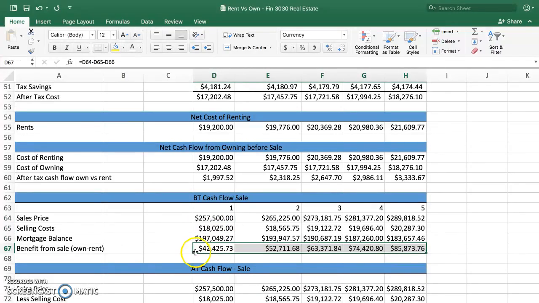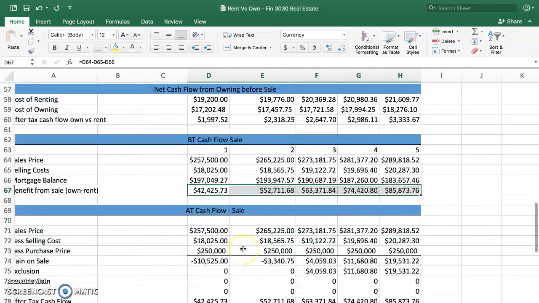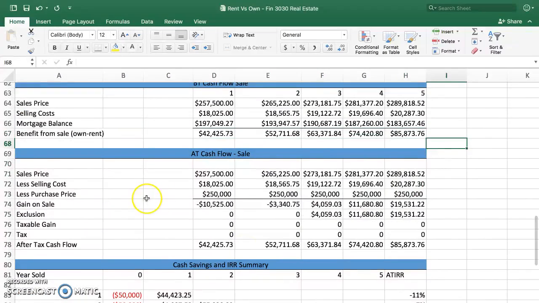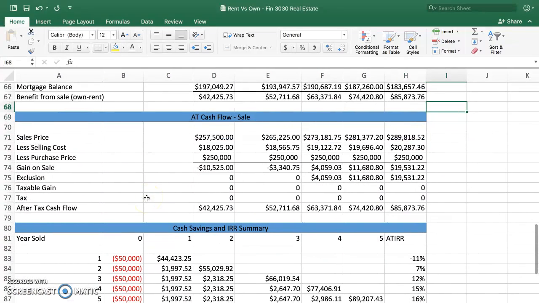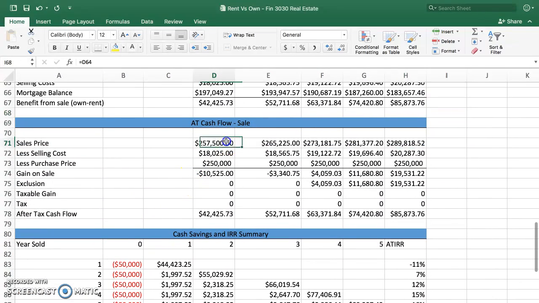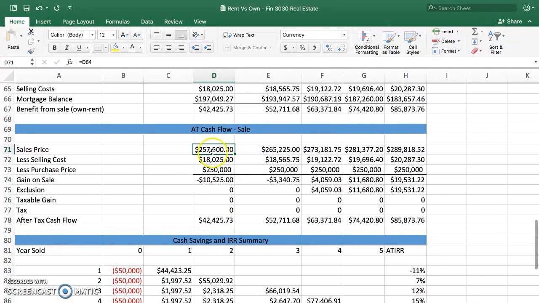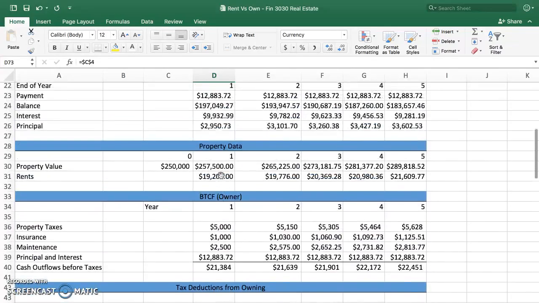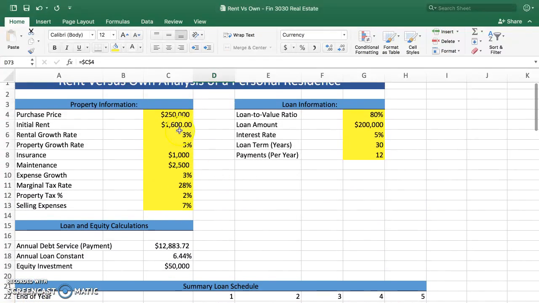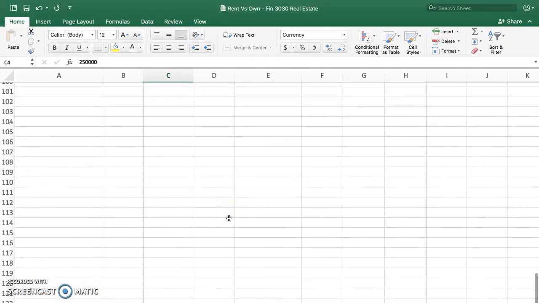And as you can see, those are all positive numbers, benefits from the sale. But then we get into the after-tax cash flow. So here we have the sales price pulled down again, less selling cost from right here, less purchase price. This is going to be right here, $250,000 again.